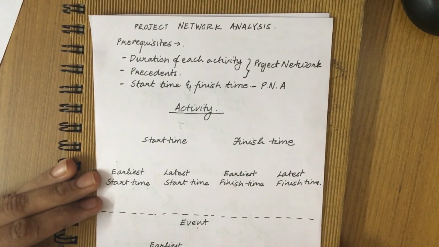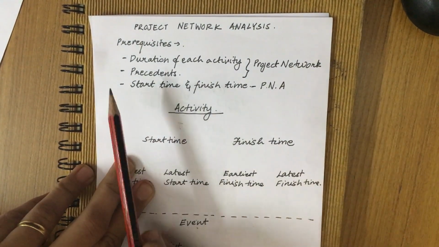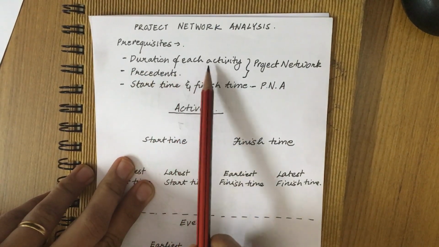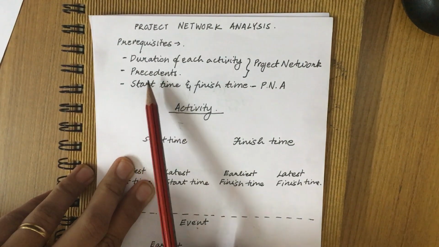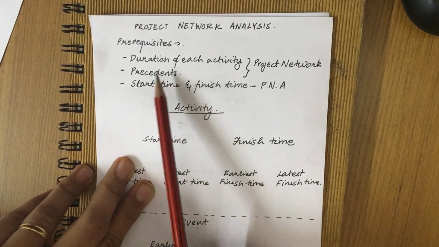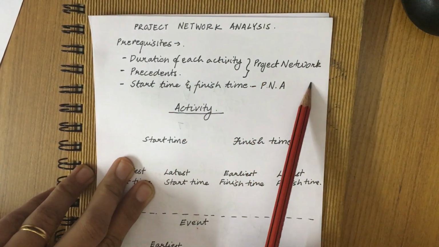So now to do project network analysis, there are certain prerequisites which are required. The first is the duration of each activity. The second is to know the precedence of each of the activity. Using duration and precedence, we can automatically make a project network.